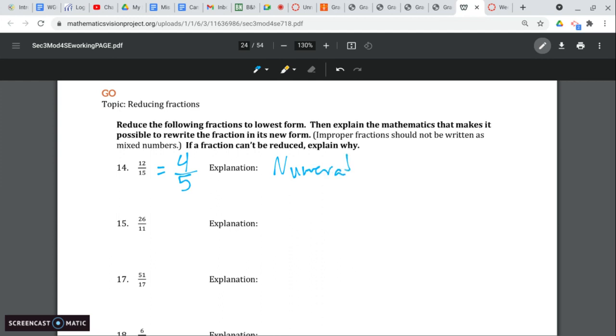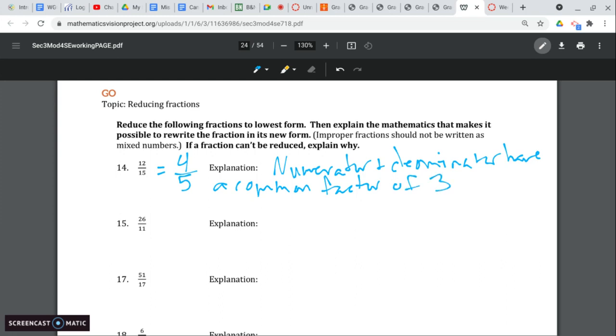numerator and denominator have a common factor of 3. This can be divided out.